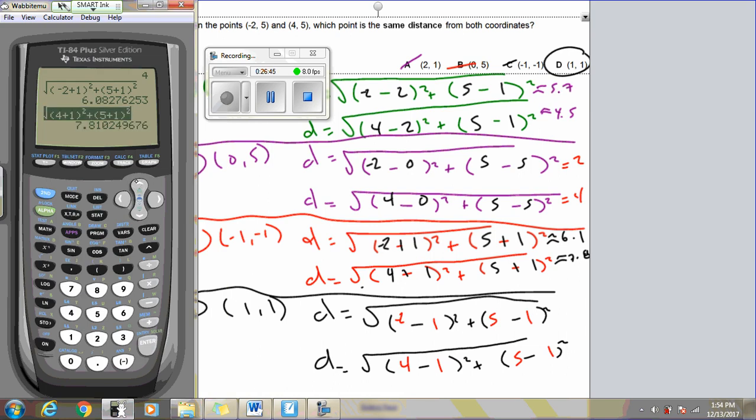Copy down the one with the -2 leading. And the only change this time is the plus to a minus, which is nice and simple. And enter 5. Now I'm going to copy down the one with the 4 leading and do the same thing.